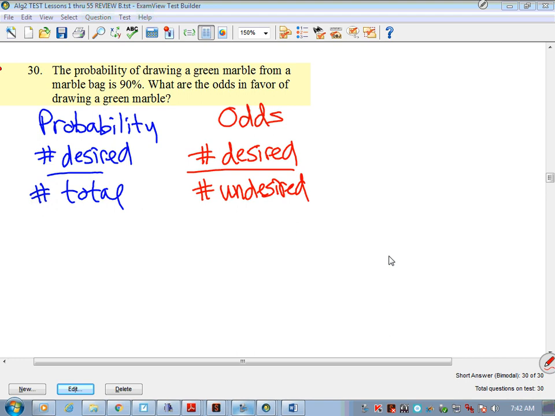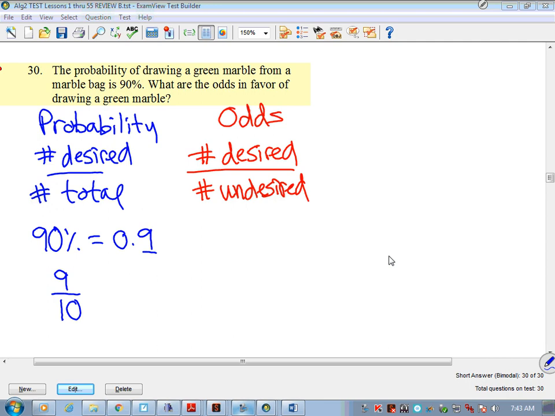We're going to take our probability, which they tell me was 90%. Let's convert 90% into a decimal: 90% equals 0.9. Now we're going to convert that decimal into a fraction. This is 9/10. So that means in my probability I have 9 desired over 10 total.